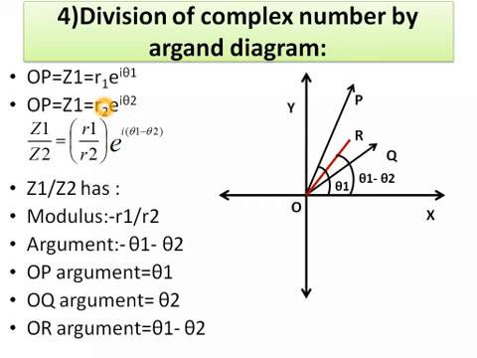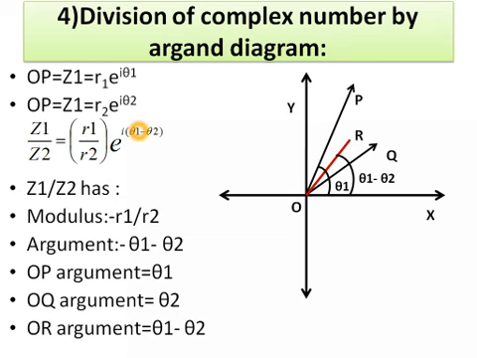Then we consider their division, that is Z1 upon Z2 is equal to R1 upon R2. Since we are taking their ratio, we have the same base and therefore their exponents get subtracted from each other.